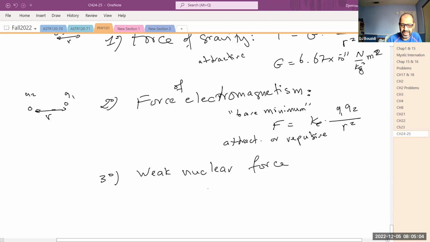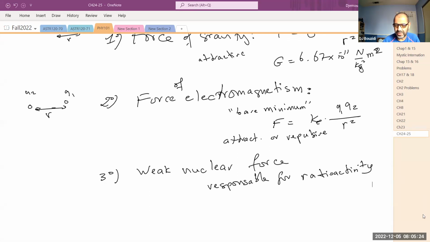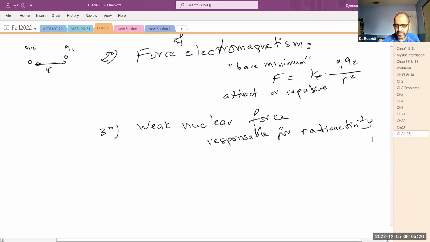And this is the one that is responsible for radioactivity. Okay. The mechanism for it is a little bit outside of the scope of this course, but I'm just mentioning it in here because it's a good idea to have a list of them.